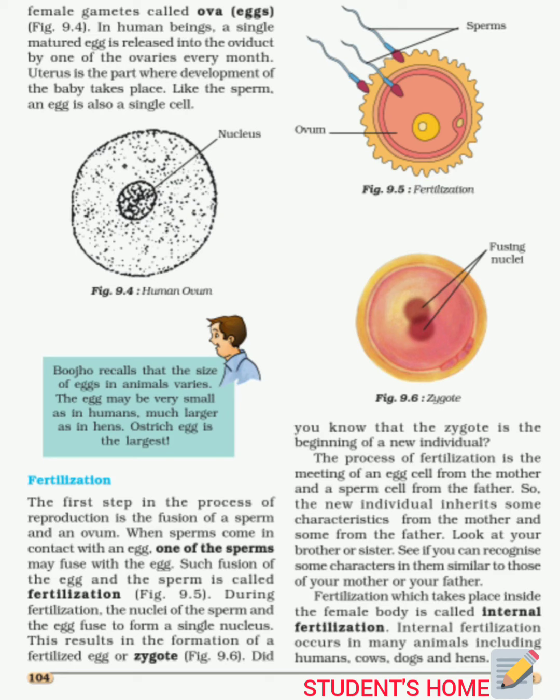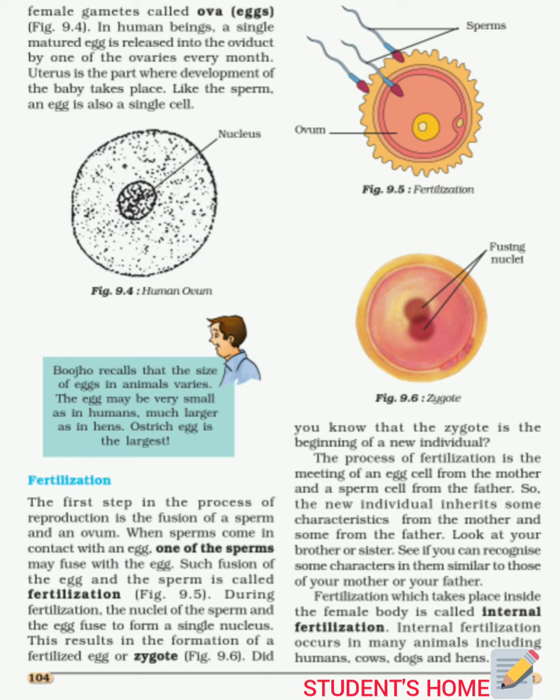Now coming to the next topic, that is fertilization. The first step in the process of reproduction is the fusion of a male gamete and an ovum. When sperms come in contact with an egg, one of the sperms may fuse with the egg. Such fusion of the egg and the sperm is called fertilization.